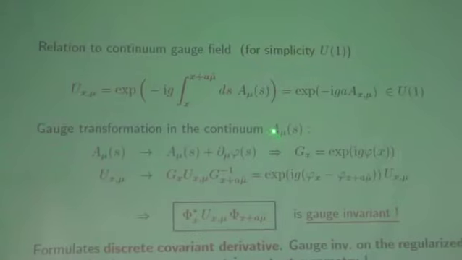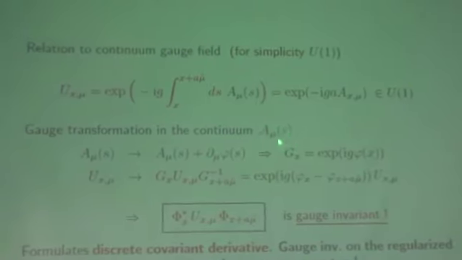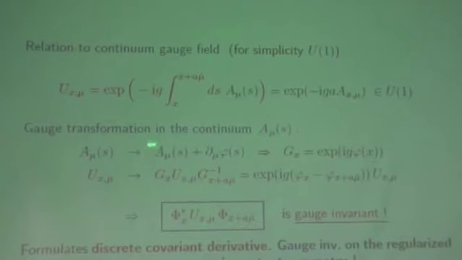Now, if we perform a gauge transformation as we introduced it before in the continuum, of this form, this affects only the boundaries in this integral. So we have g(x) at one end, and at the other end the inverse one at the end point. So these two boundary terms of the integral are manifest in this exponential form.